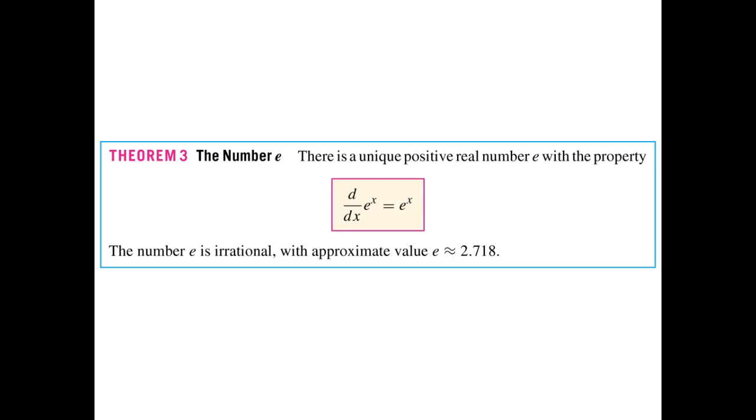The first fact is that f of x equals b to the x, where b is any number raised to the x power, an exponential function, is differentiable for all b greater than 0. Notice what I said: the base, we usually don't use negative numbers there. And we don't usually use the base of 1, because 1 to any power is still 1. So we don't use 0, we don't use negatives, we don't use 1.